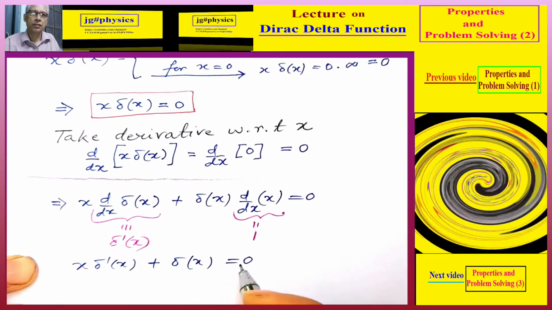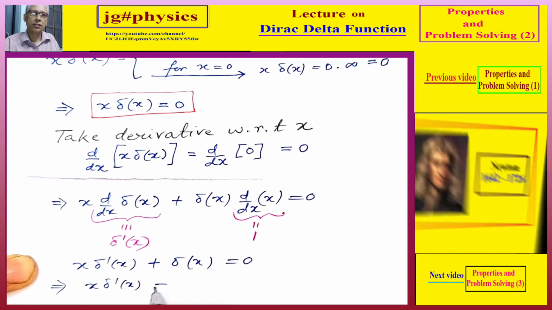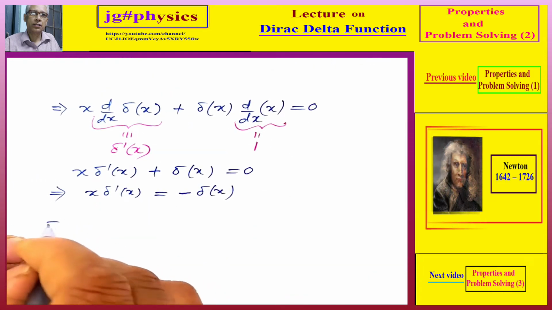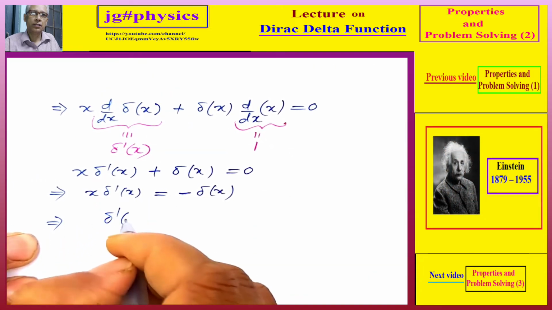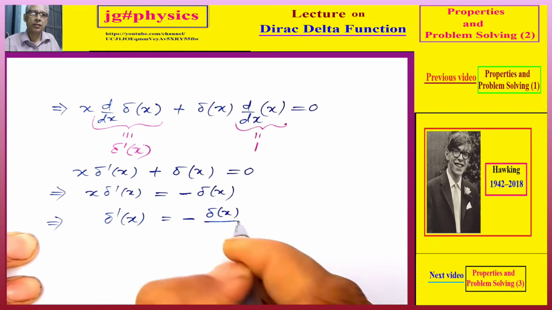A slight rearrangement gives us x delta prime of x equal to minus of delta of x, and therefore we end up with delta prime of x equal to minus of delta x by x.